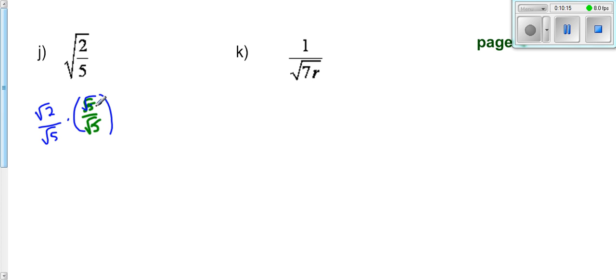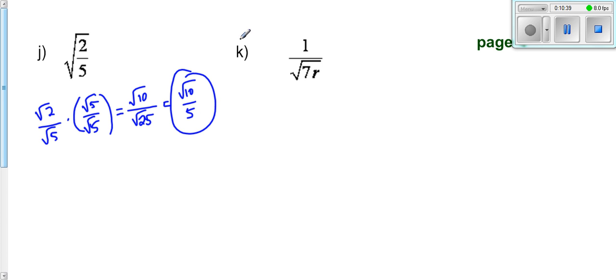I know that equals 1 because it's a fraction that has the numerator and the denominator the same. I get the square root of 10 over the square root of 25, which is the square root of 10 over 5.